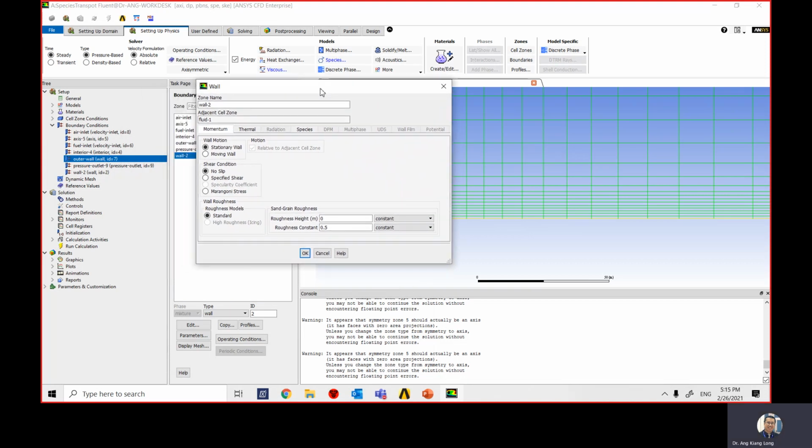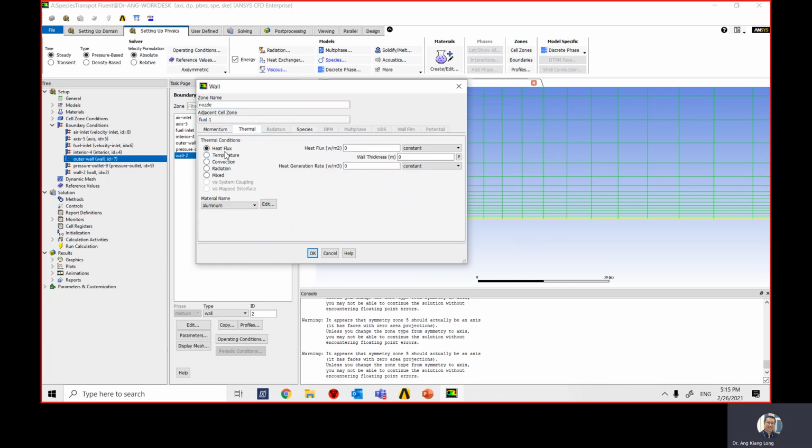For our wall, just name this one as our nozzle because we're defining the nozzle. Then for the thermal, for the nozzle there's no heat transfer happening. So heat flux here, we retain as 0 for our nozzle area. After that, click OK.